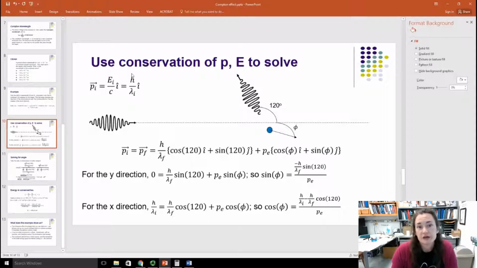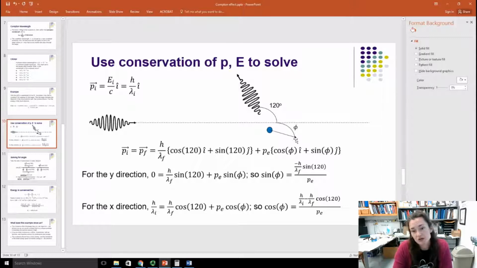Now that E over c becomes h over lambda initial, in the i hat direction. So p initial has to equal p final. Now my scattered photon and my scattered electron have both x and y components, and that's reflected here. The final momentum is h over lambda final, and then I have to take my components, so I've got cosine of 120 in the i hat plus sine of 120 in the j hat.